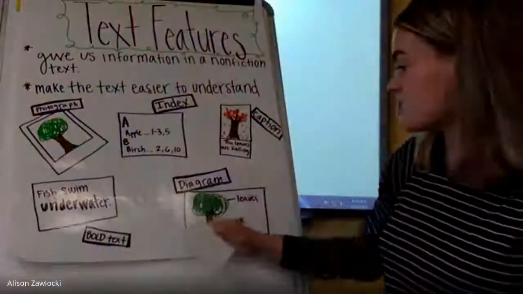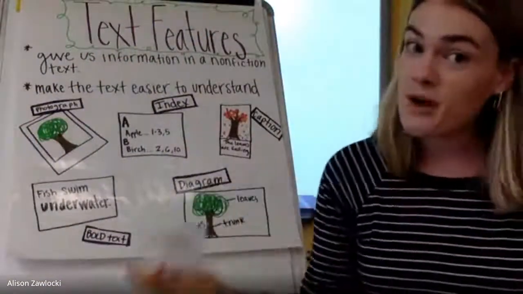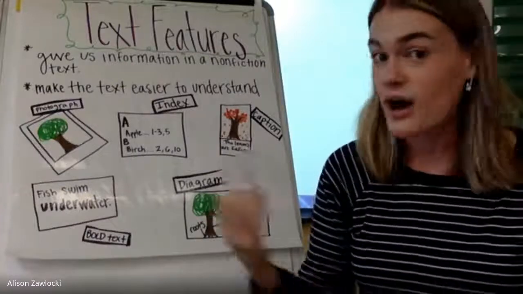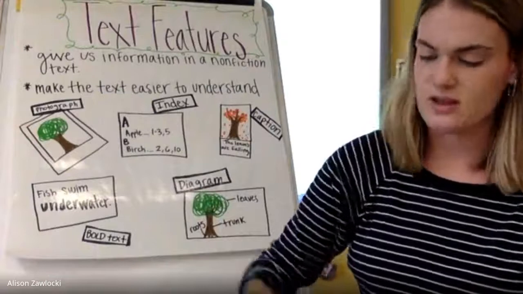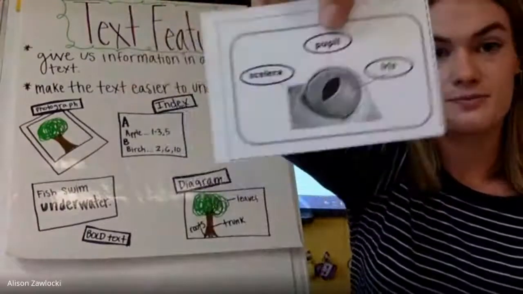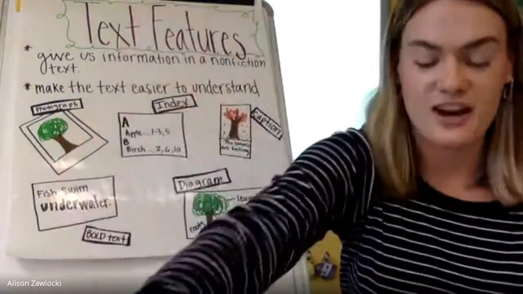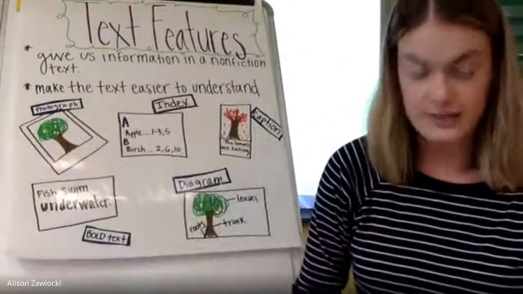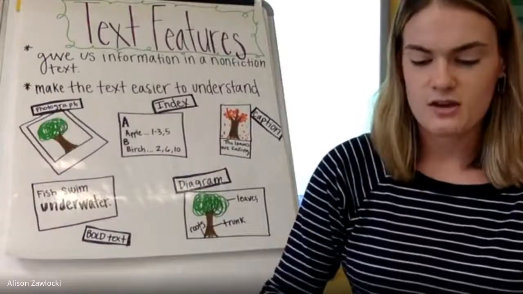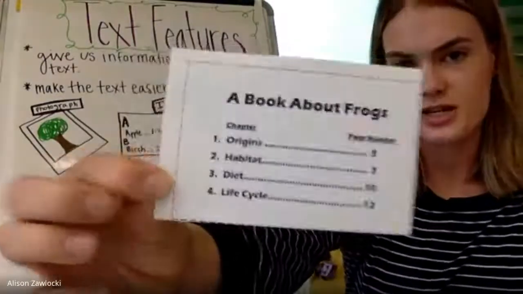It has lots of labels and it shows different parts of something, or what something looks like, or how something works. Very good. What about this? What is just one of these called? Very good. That's a label. Okay, and last but not least, we'll review one more. What's this called? This one's a little tricky.